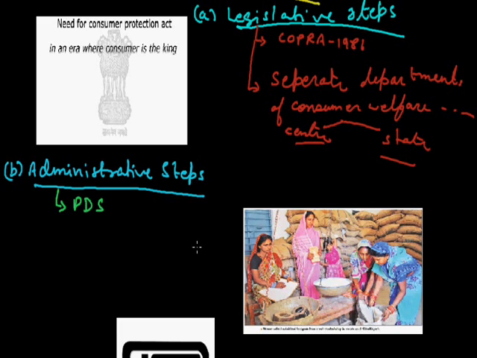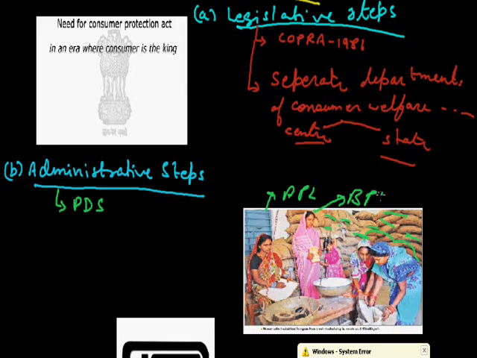PDS, that is the public distribution system, has been established for preventing the exploitation of consumers, as we can see here in this picture also. So government depots, where all these food grains are distributed to all the citizens of India, whether they are APL or BPL, means below poverty line.